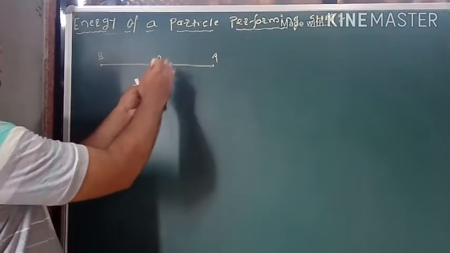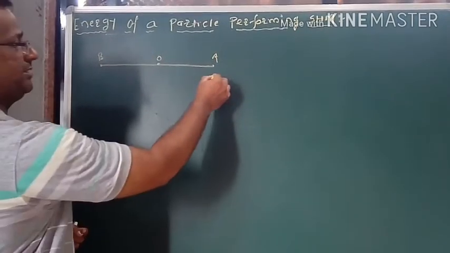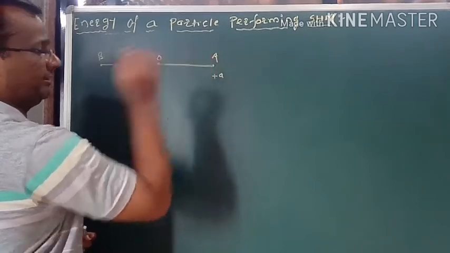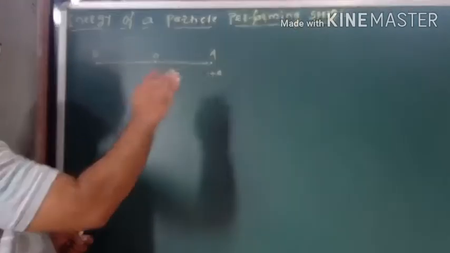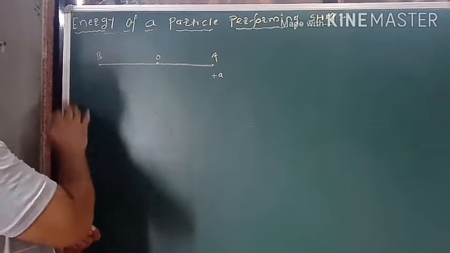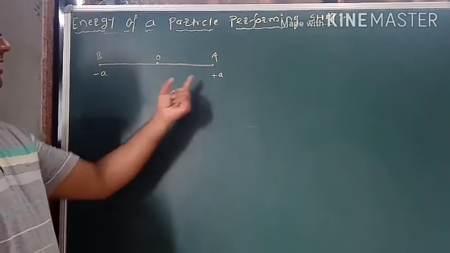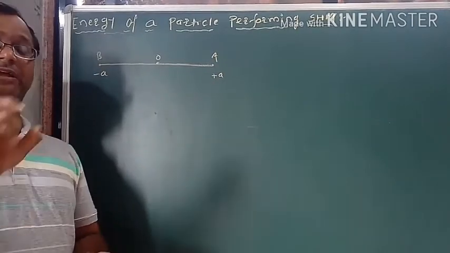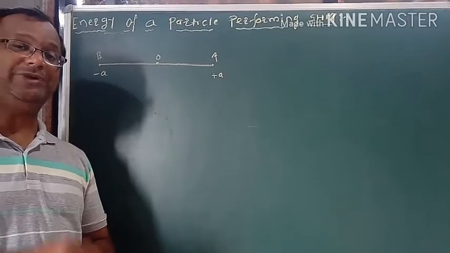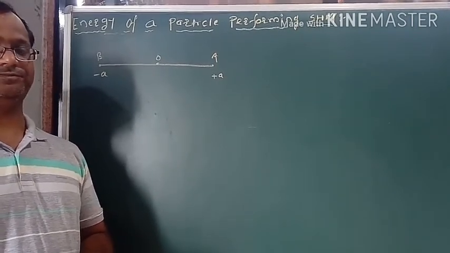Here, the distance of point A and point B from the mean position is, suppose, plus A towards the positive side, and towards the negative side, that is towards point B, that distance is minus A. Here plus A and minus A represent the amplitude of the simple harmonic motion.